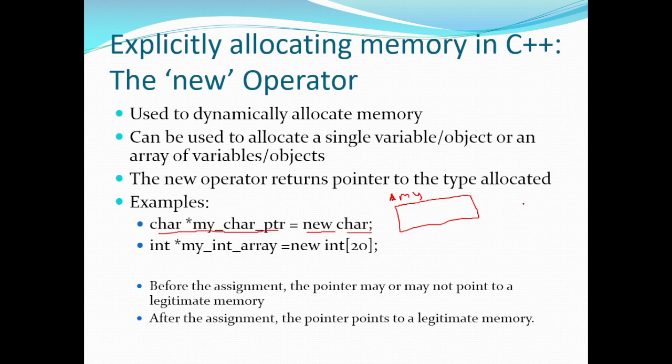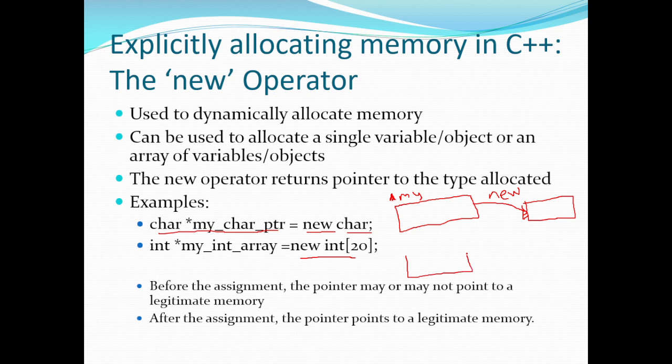That means I generated a char space, which means a byte, and this pointer is pointing to that space. So the new operation is allocating a space for me, and then we are pointing to that space.